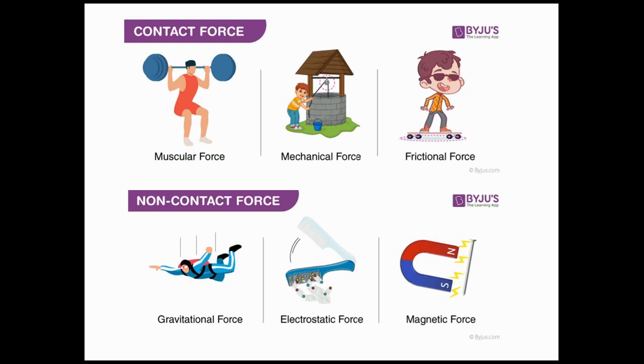But in case of non-contact force, there is no connection, but there is force. For example, magnetic force: a magnet attracts magnetic substances towards the magnet. Another example is gravitational force. It is also a non-contact force, because there is no physical contact.